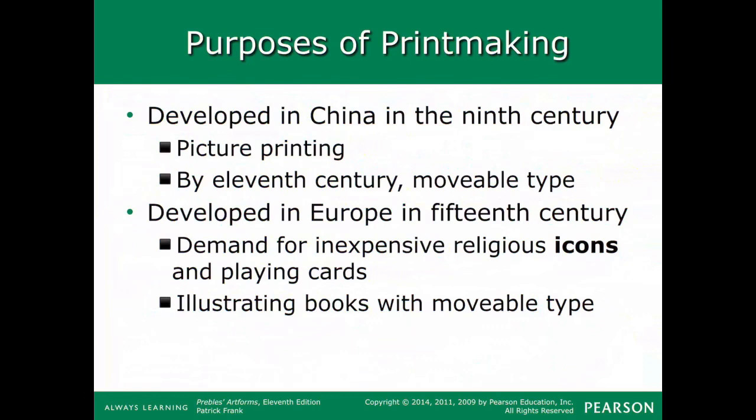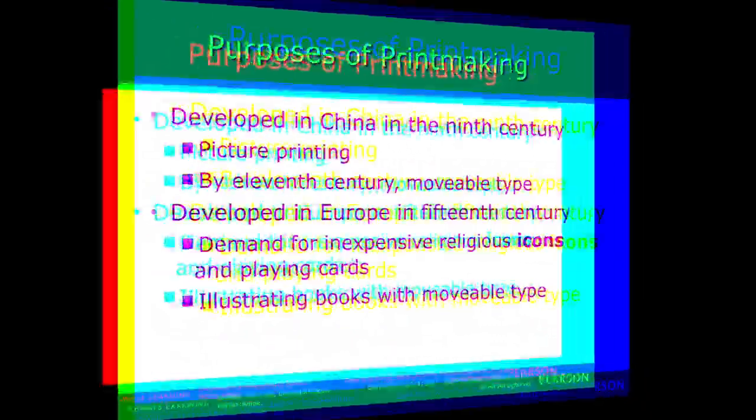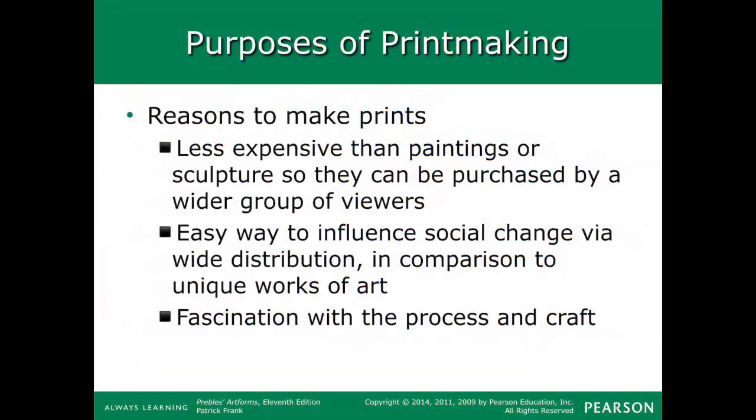They were also illustrating books with movable type. Try to get to know some of these characteristics of printmaking, learn that they were developed in China and then later in Europe, and why this process was even created.